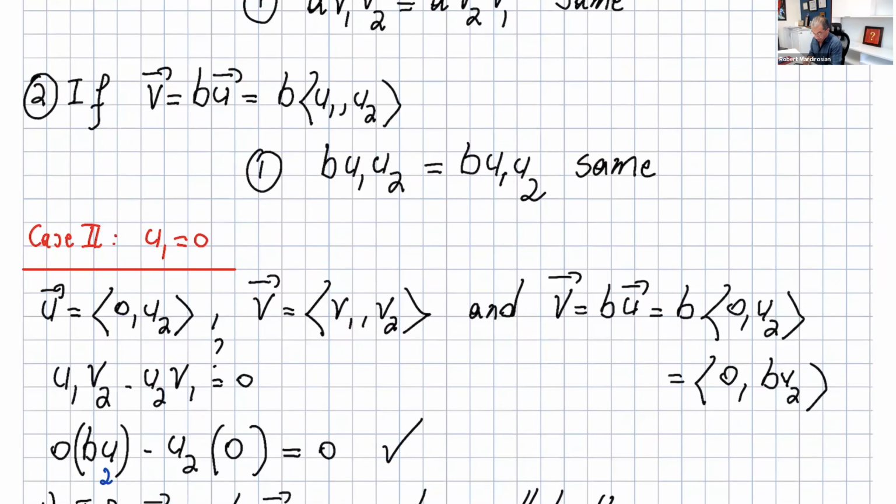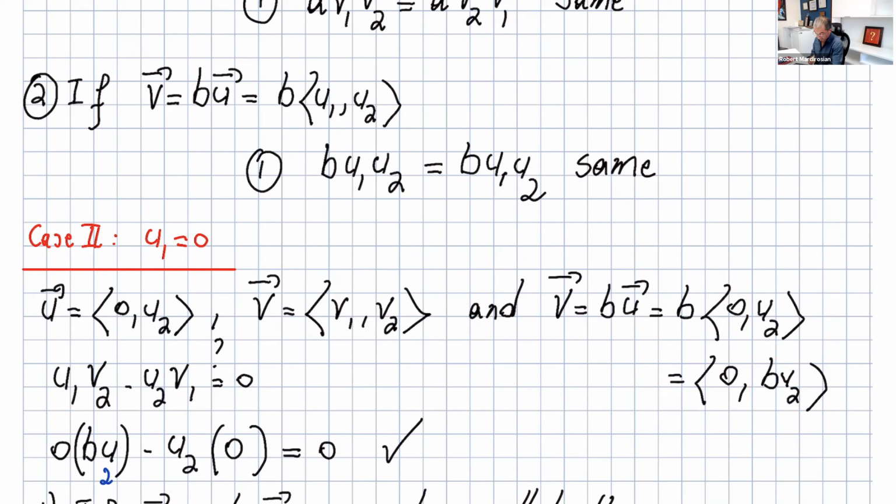Now, here the case 2, we're going to say U1 equals 0. If U1 equals 0, then U can be written as 0, U2, and V is V1, V2, and we know that V equals B times U. B times U, the first component is going to be 0, and the second component, if you multiply, is going to be B times U2.